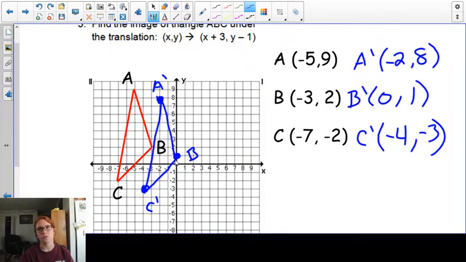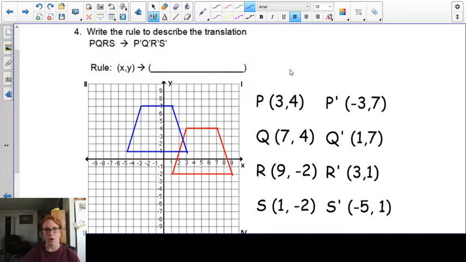Alright, your blue triangle should look like my blue triangle. Okay, so sometimes we're asked to describe the translation, so we're trying to figure out how did my shape change? Where did it go?